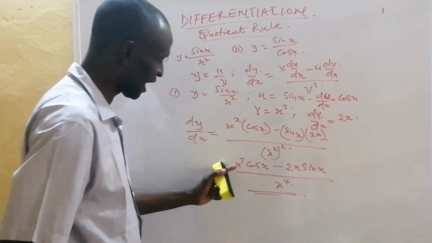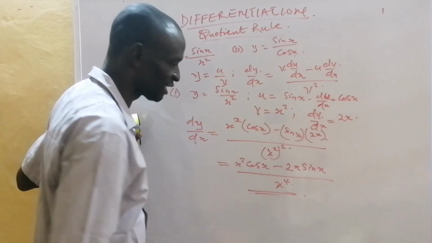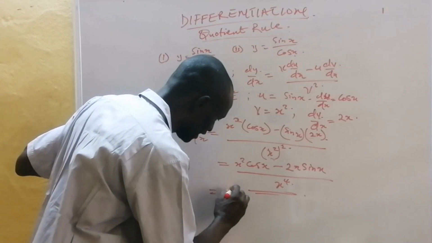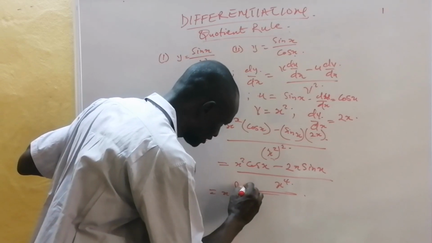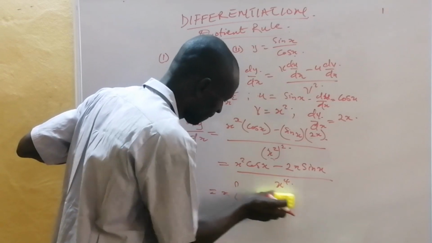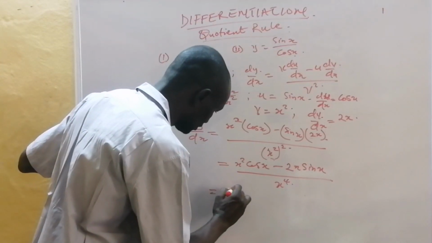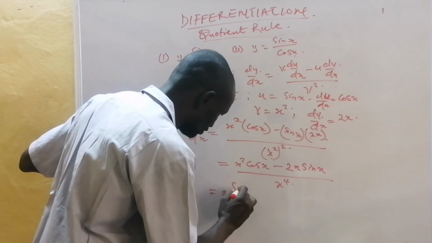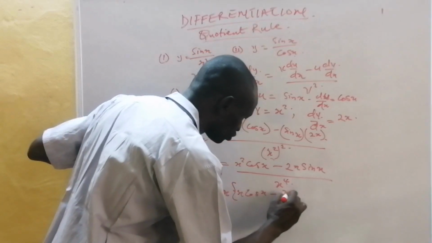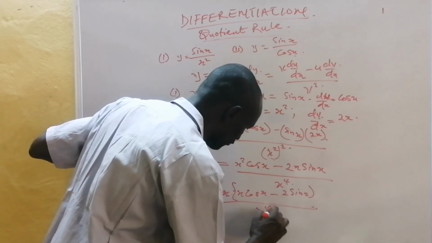I have x here, I have x squared here, and I still have x at the bottom. So we can factorize and bring out one of the x. That becomes x into (x cos x minus 2 sine x) over x raised to power 4.